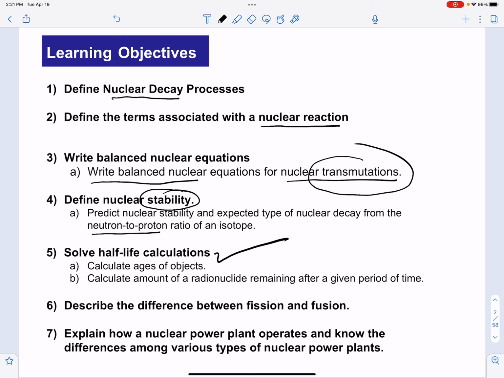Half-life for first order kinetics is also going to be used here. So with this part, you're very familiar. You just have to be able to apply the new terms that relate to nuclear reactions.